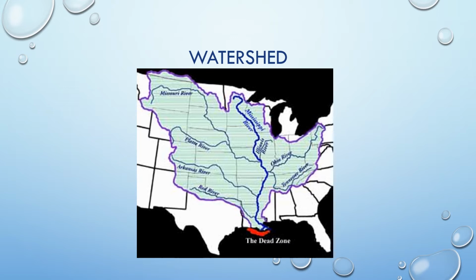You see the dead zone here in the Gulf. It's the dead zone because of all of the stuff that flows from everywhere and ends up in the Gulf of Mexico and doesn't really allow for a lot of life in that part of the Gulf because of all the pollution and stuff. So we have to monitor our watershed.